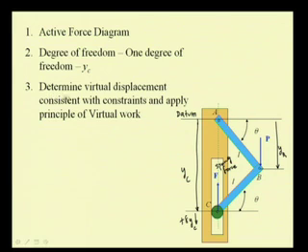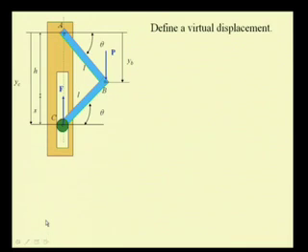Then I determine the virtual displacement consistent with the constraints, that is it is pinned at A, and here this point C can move in the vertical direction along this line AC, and then I apply the principle of virtual work. So, let us proceed.